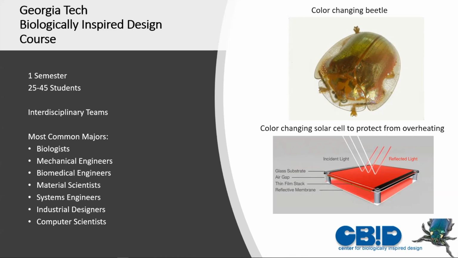Material science is huge. Think about this: biology creates all of its materials at room temperature using commonly available, locally available resources, and those materials have amazing properties. So if we can understand how that's done, we can alter and change the way we do manufacturing.